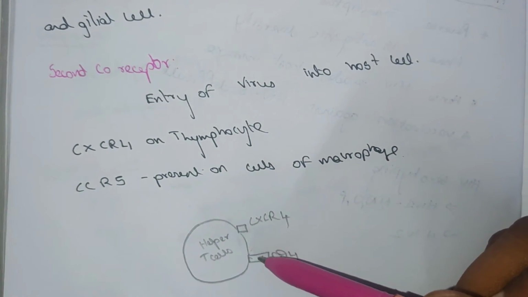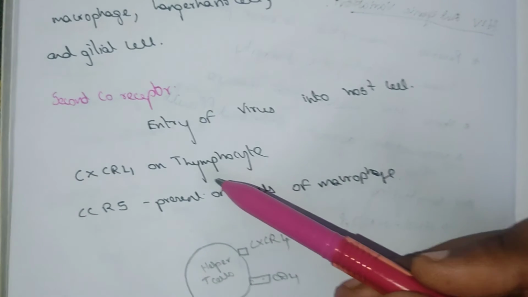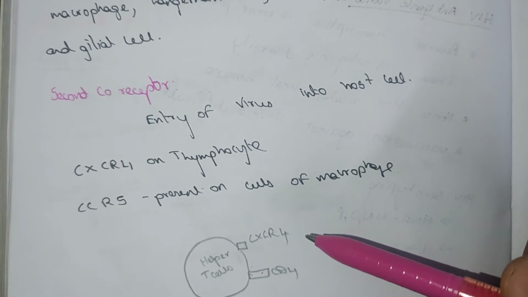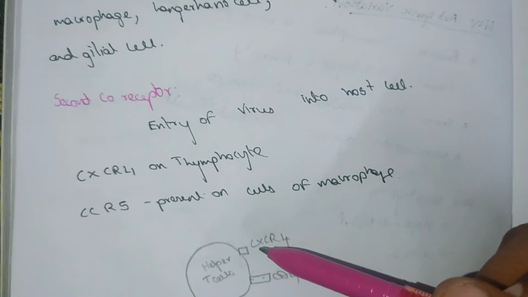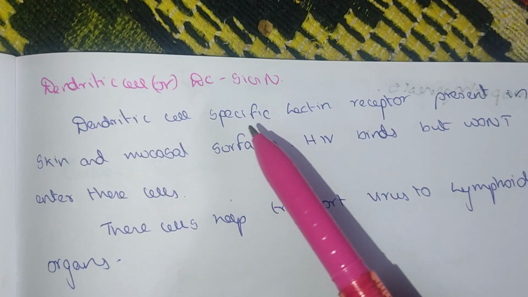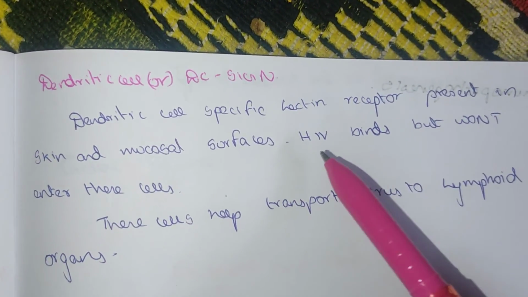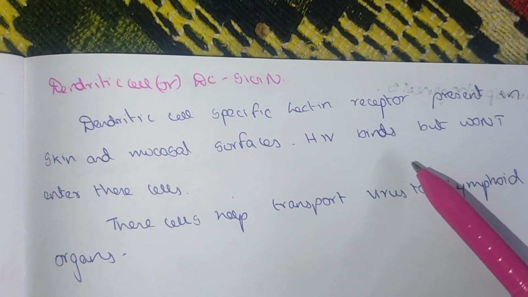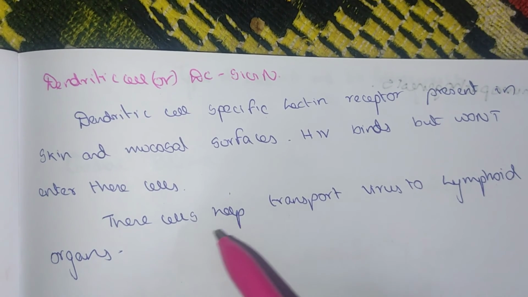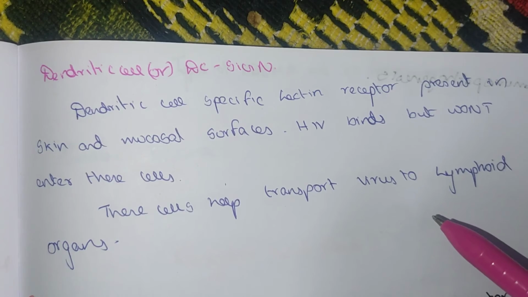With the help of the CD4 receptor, it attaches to CXCR4, which is the co-receptor on T lymphocytes, and CCR5 present on macrophages. Then DC-SIGN, the dendritic cell specific lectin receptor present in skin and mucosal surfaces. HIV does not enter these cells, but these cells help in the transport of the virus to lymphoid organs.